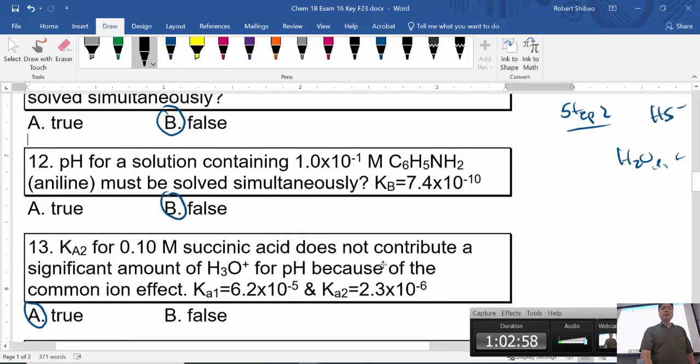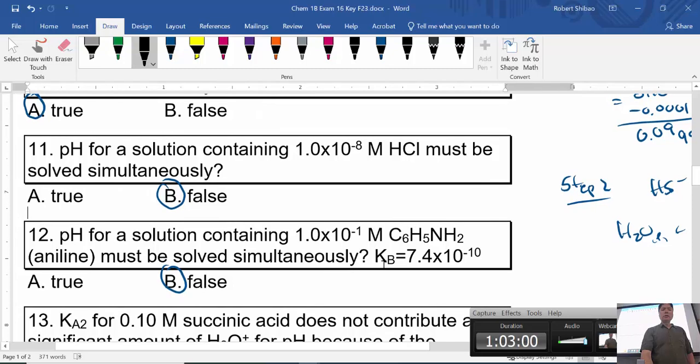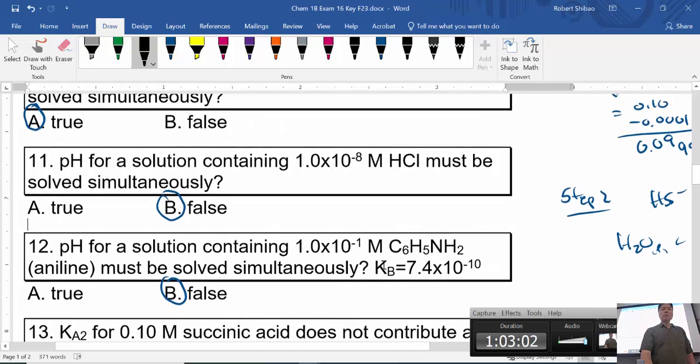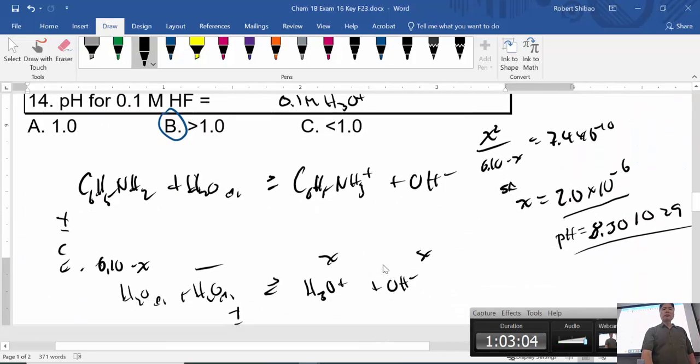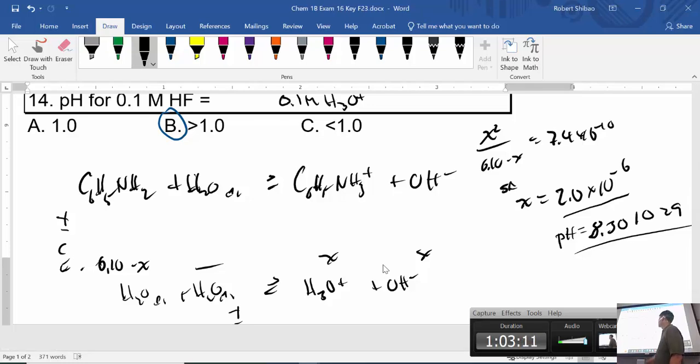All right, so here's the aniline. Do I have to solve this simultaneously? I just did a quick calculation to see. I'd like to solve this stepwise, but it depends on what x comes out to. I solved this for x using the simplifying assumption. Now if you solve it using the simplifying assumption, you have to justify it.